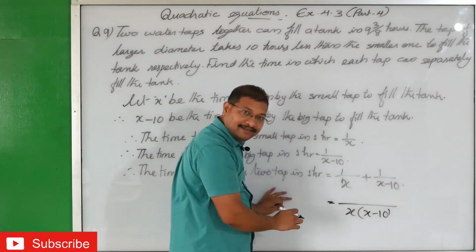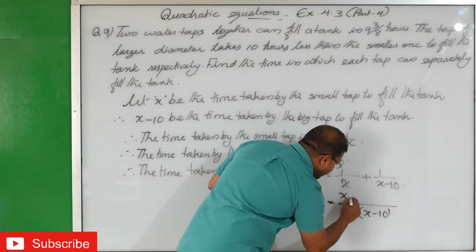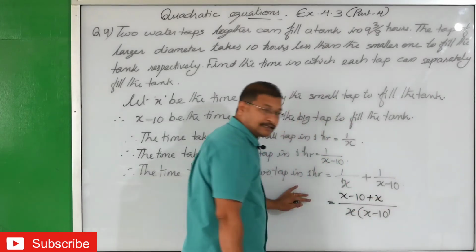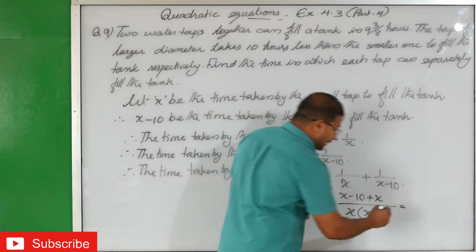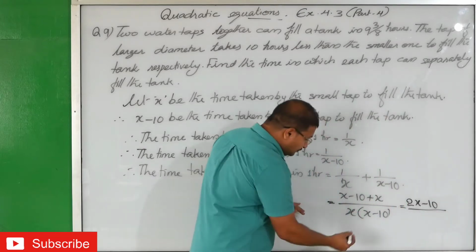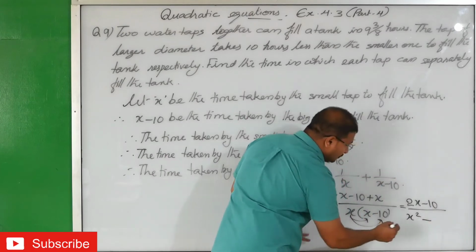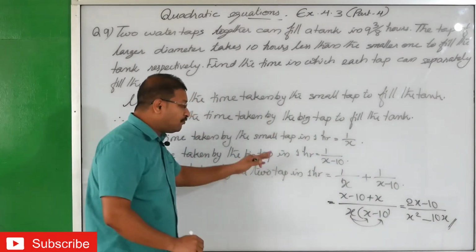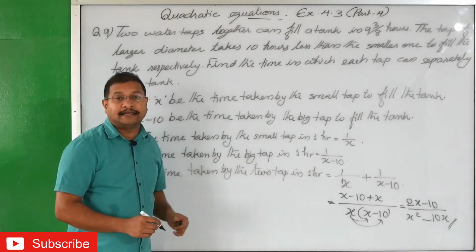These two will multiply. Now 1 into x minus 10, that is x minus 10, plus this x will go here. Plus x. This equals x plus x, 2x. 2x minus 10 divided by x into x, x square, minus x into 10, 10x. That is the time taken by both of the taps in 1 hour. That is 2x minus 10 by x square minus 10x.